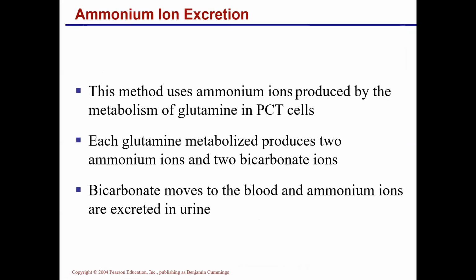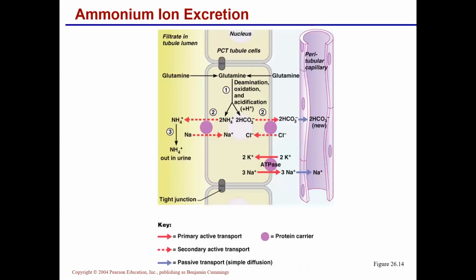Another mechanism to adjust the blood pH, let me see, is in your book, page 1032. The mechanism is called a new bicarbonate ion is generated via glutamine metabolism and ammonium secretion.